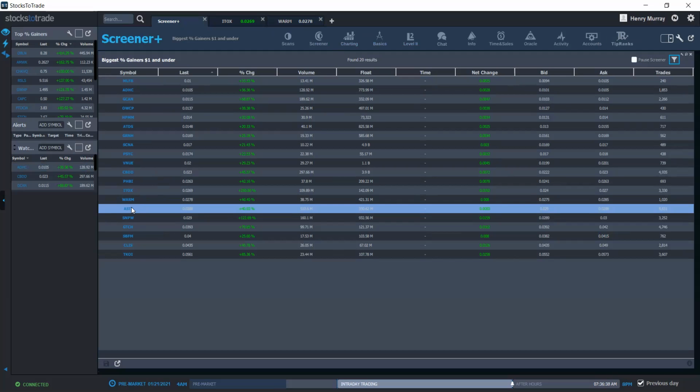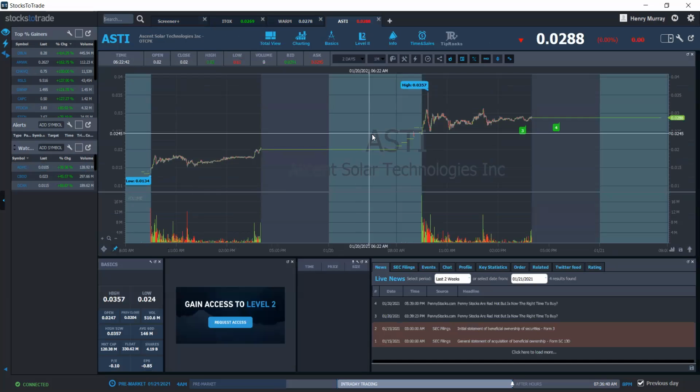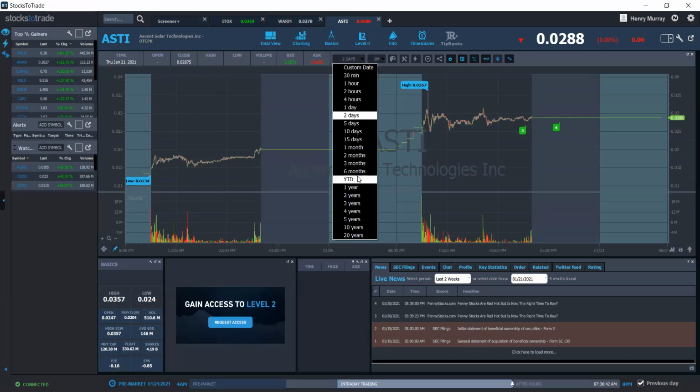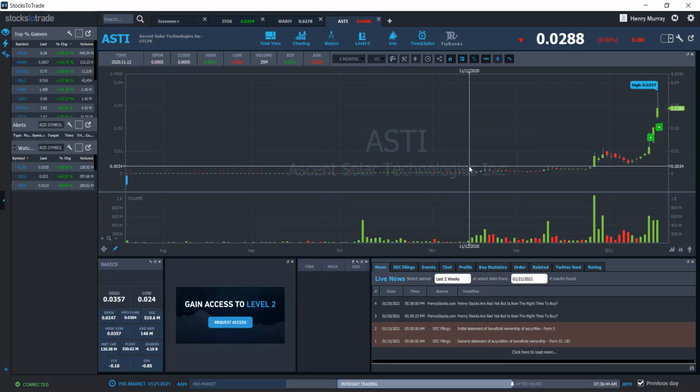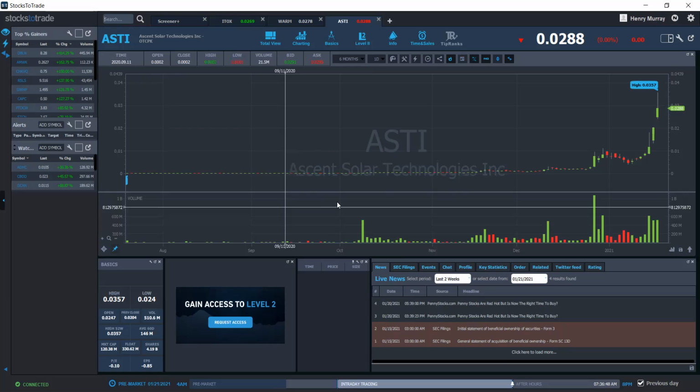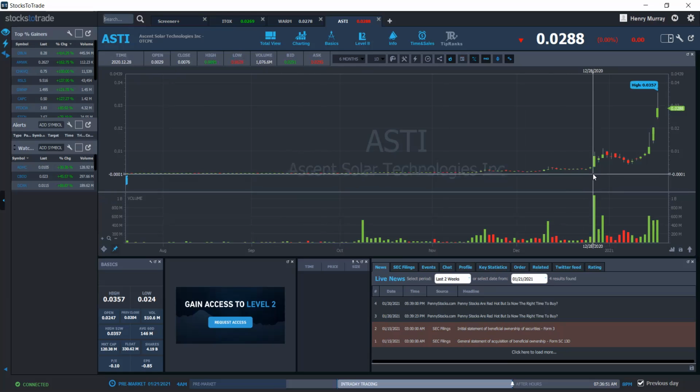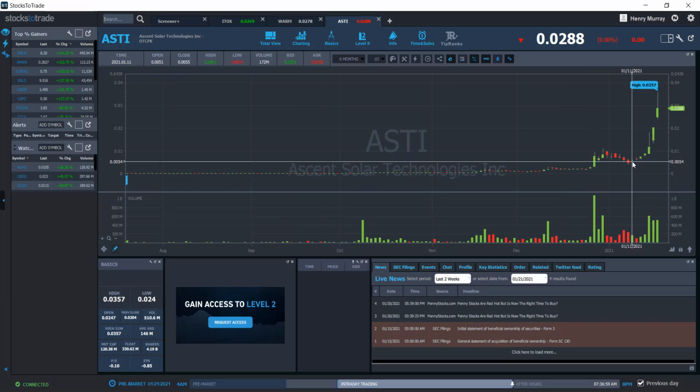Next stock, ASTI. Beautiful. This is a stair stepper chart pattern. All right, first green day here, starting the first step or first leg. Spike for 3 days. Pull back.